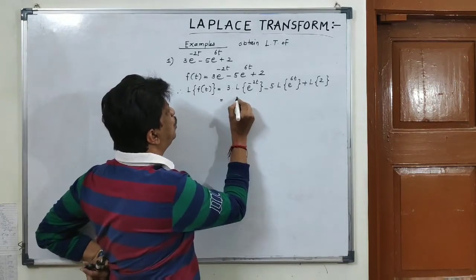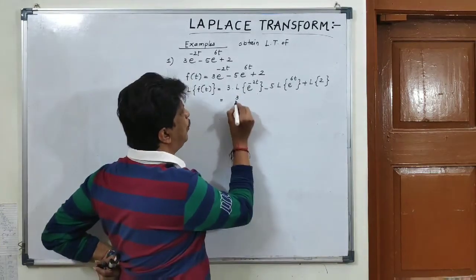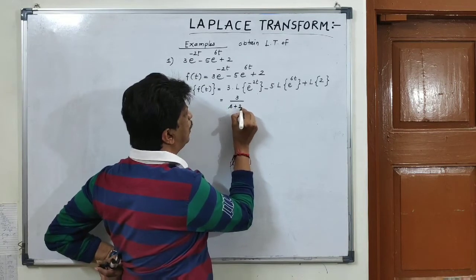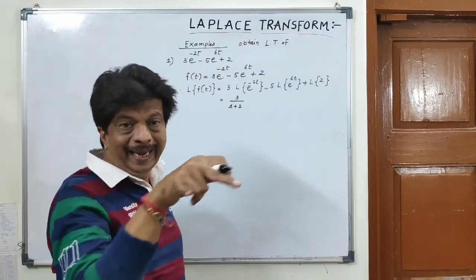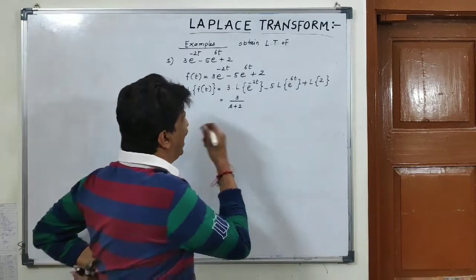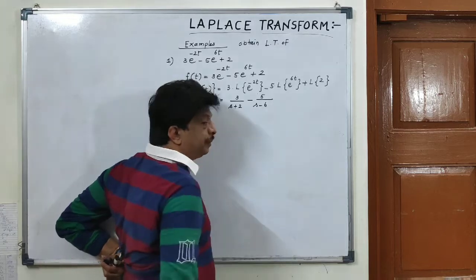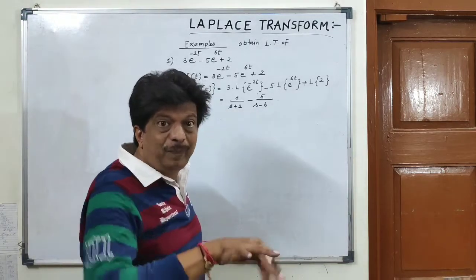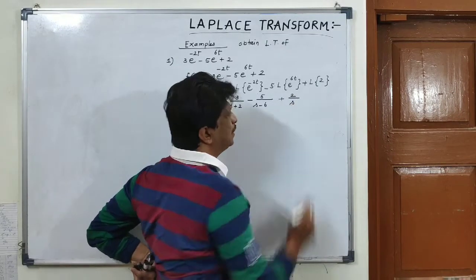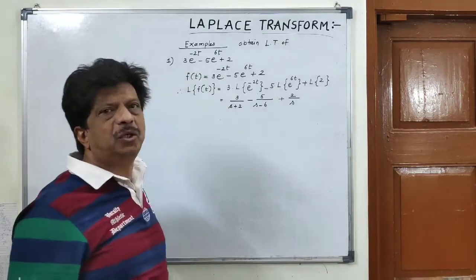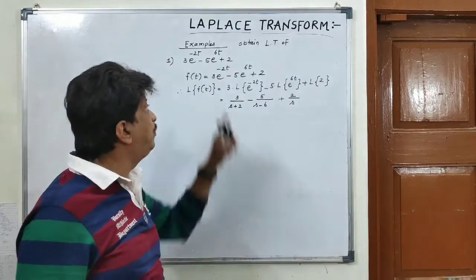So this is equal to 3 times, now Laplace transform of e raised to power minus 2t is 1 upon s plus 2, because Laplace transform of e raised to power minus at is 1 upon s plus a. Minus 5 times 1 upon s minus 6, as Laplace transform of e raised to power at is 1 upon s minus a, plus 2 by s. Laplace transform of constant k is k by s, so Laplace transform of 2 is 2 by s. So that is how we obtain the Laplace transform of the first example.